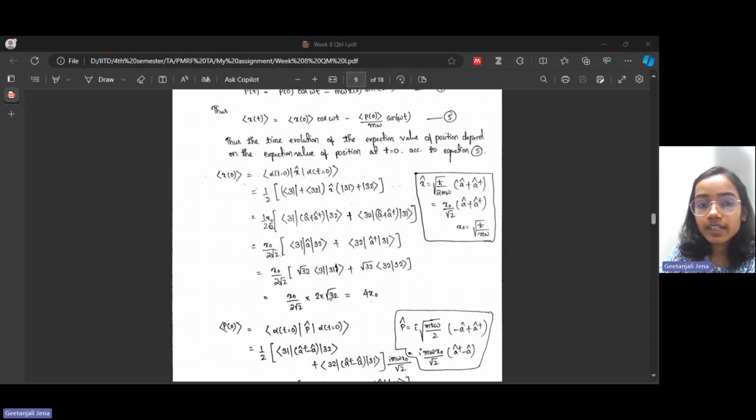So that means you will get the expectation of x0 is 4x0.